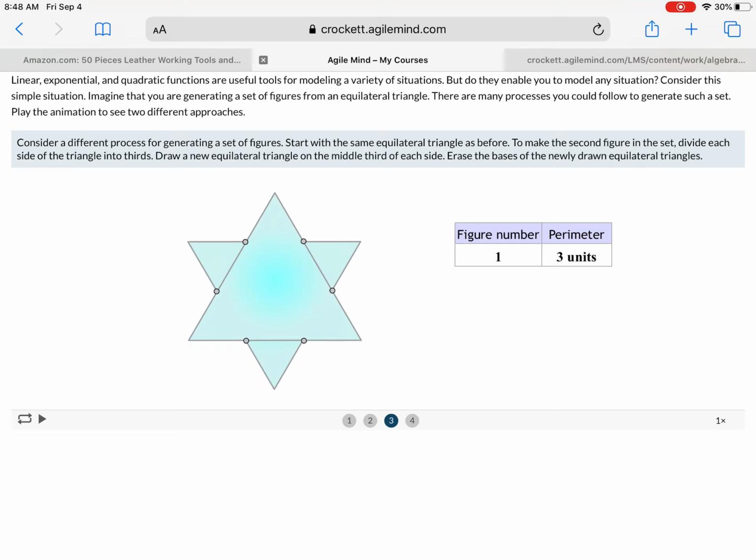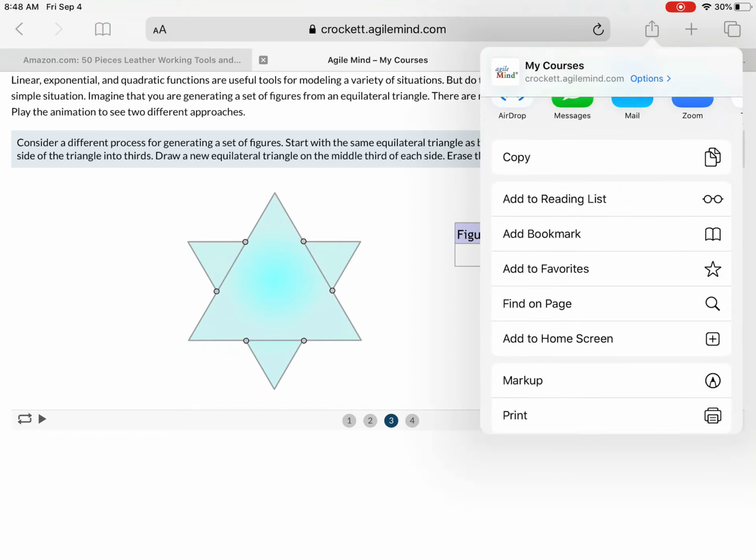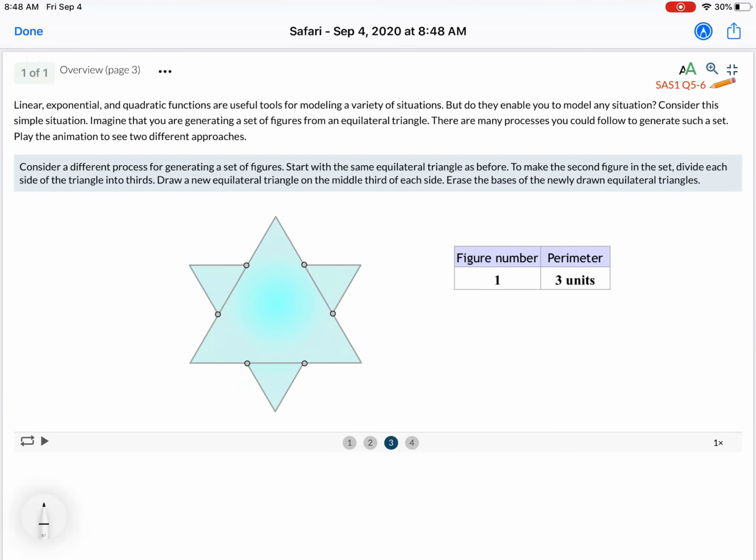Okay, so if you're looking, I want you to count the points. So we have 1, 2, 3, 4, 5, 6, 7, 8, 9, 10, 11, and 12, okay? So we have 12 points.